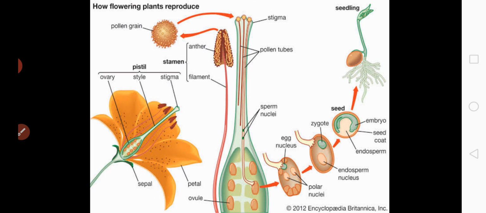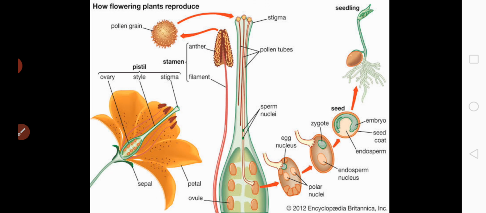In this picture, we can clearly observe that the pollen grains during pollination are transferred to the stigmatic surface of the pistil, where the pollen grain on germination produces the pollen tube, and the pollen tube carries the male gametes.